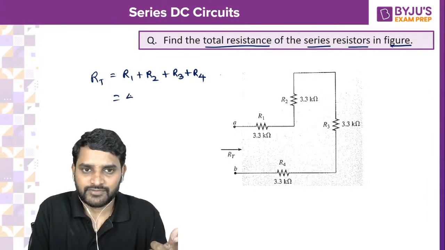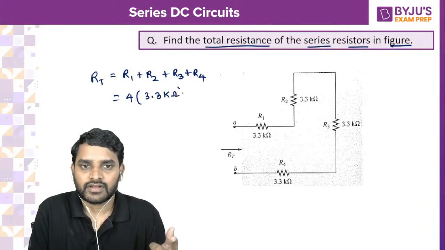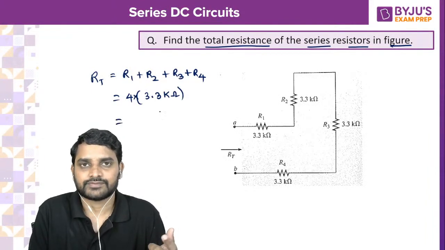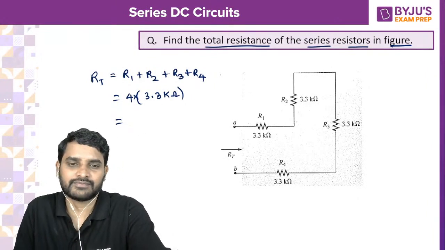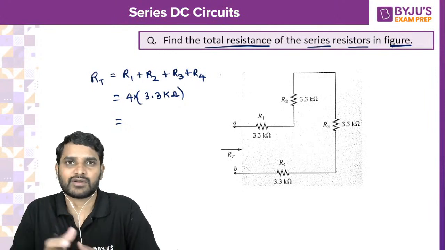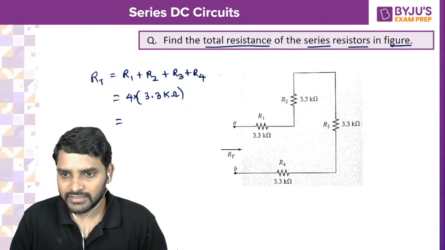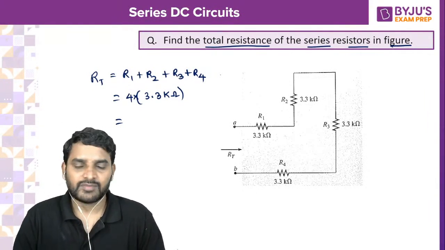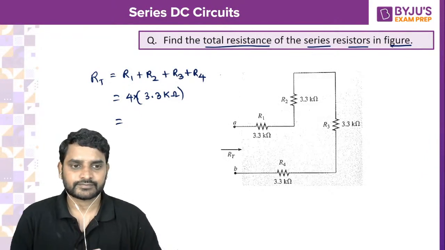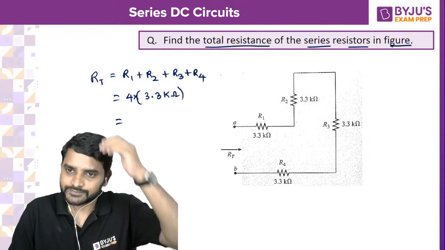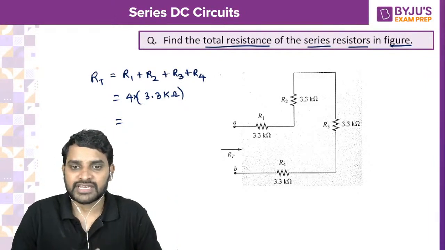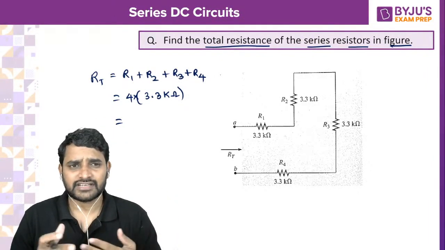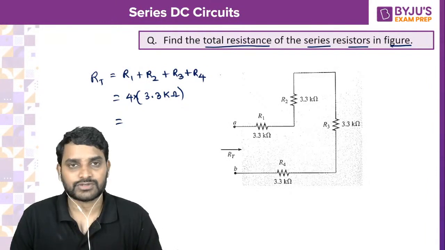So I can take 4 as common: 4 into 3.33 kilo. 4 3s are 12 and 4 3s are 12, so it will be around 13.2. How much are you going to get? Everybody respond, my dear. 4 into 3.3, 4 3s are 12, so it comes out as 13.2 kilo ohms. Right.